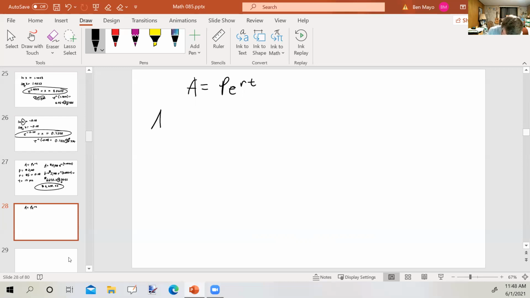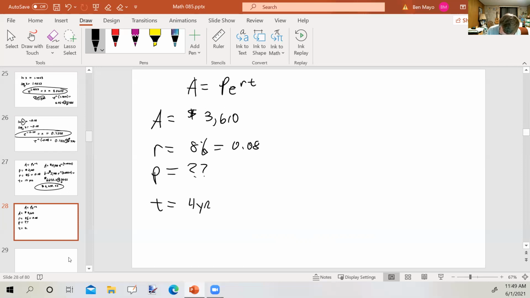So the ending amount is $3,610. The annual interest rate is 8% or 0.08, compounded continuously. So we want the starting amount 4 years ago.